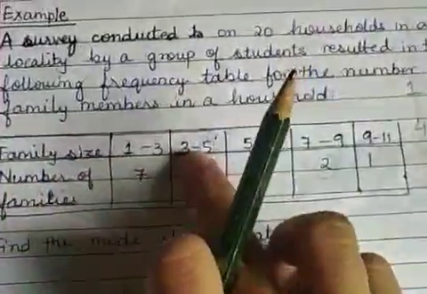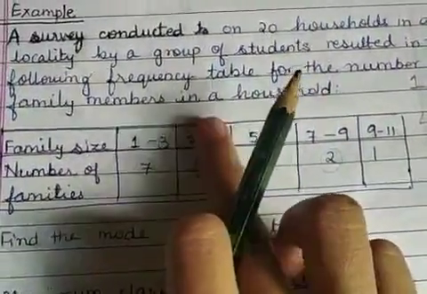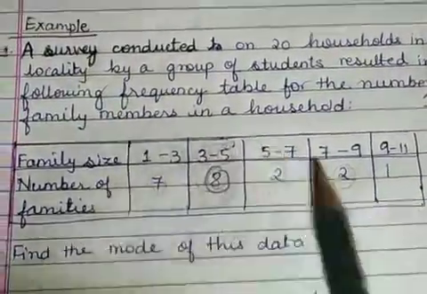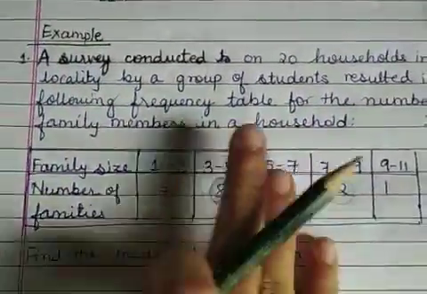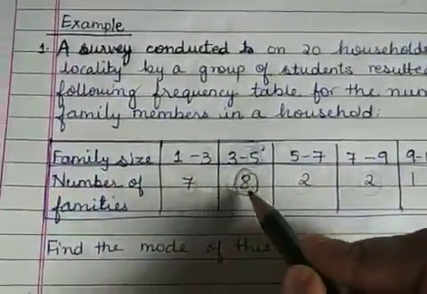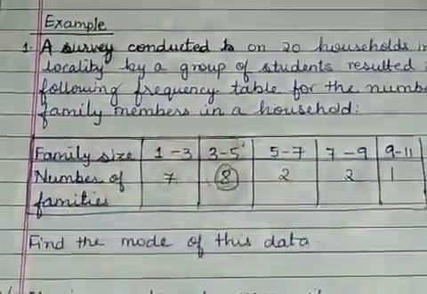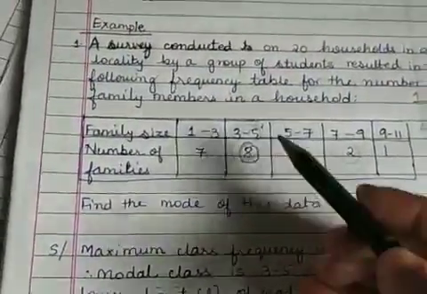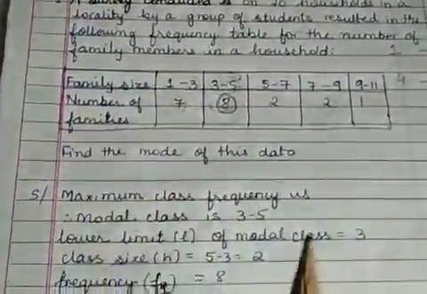Now you know which is the class, but you still have to find the value. The class with the maximum frequency is your modal class, and the modal class here is 3 to 5.